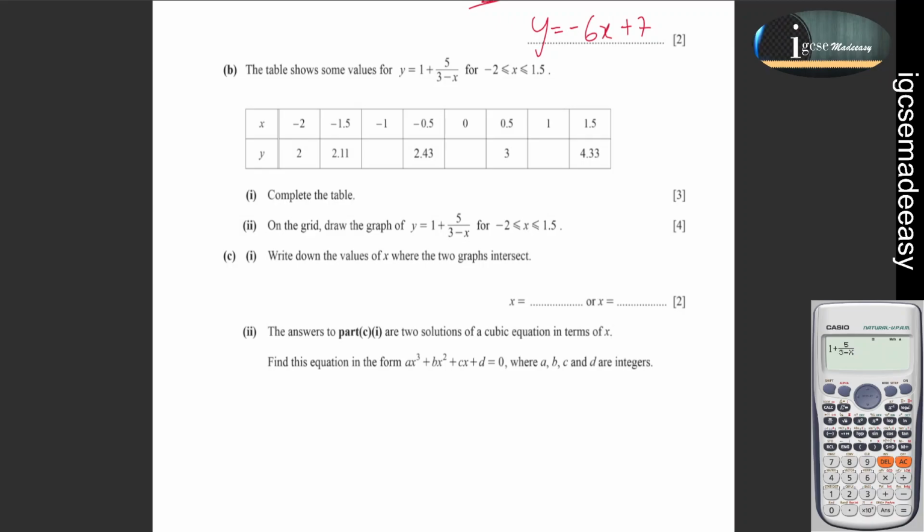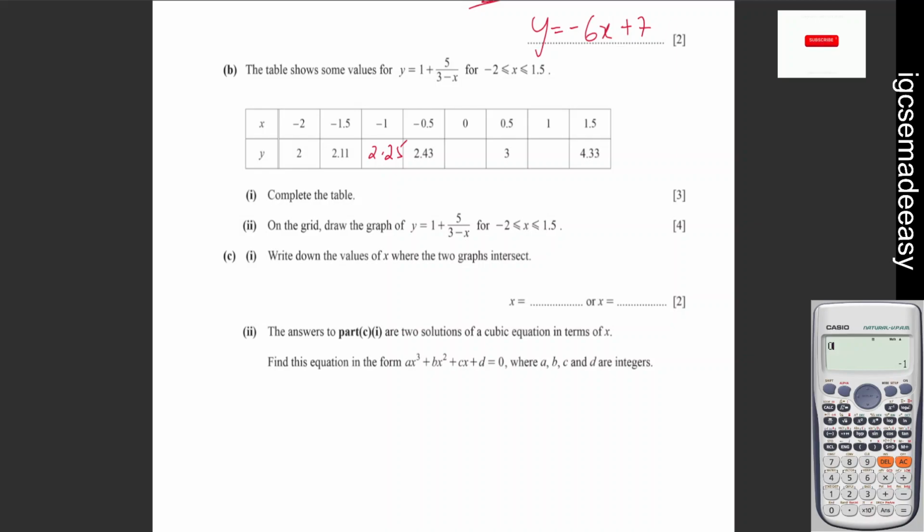Now I'll press the CALC key on the calculator. It will ask x question mark. So we write minus 1. For this case I got the answer 2.25. So minus 1 gives me 2.25. Again I'll press CALC. It will ask me x question mark again.